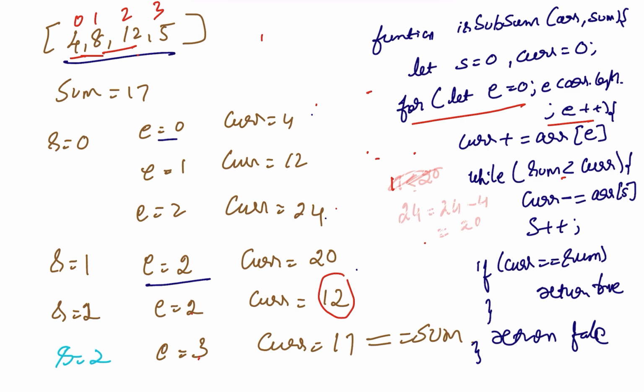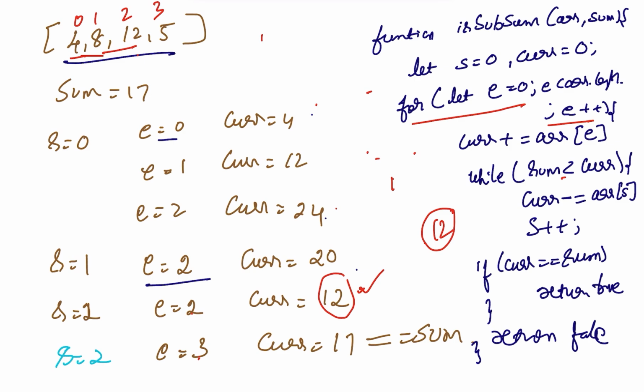It's going to remove one more element that we are seeing over here. The current value is 20, that is 20 minus 8, it's going to become 12, and 12 we have written over here.